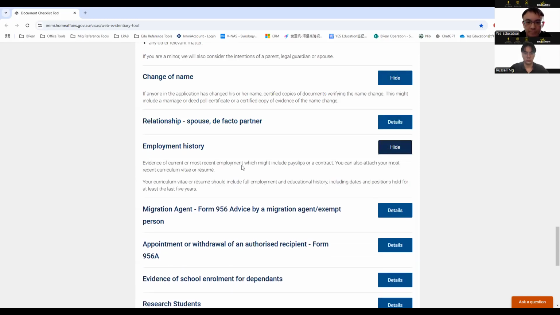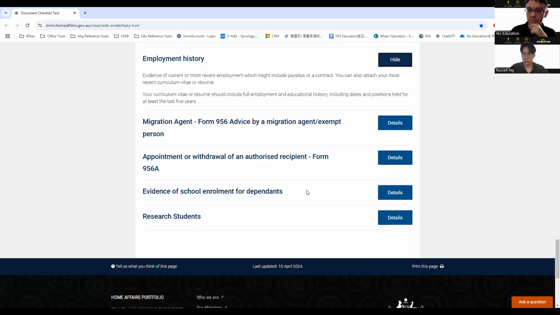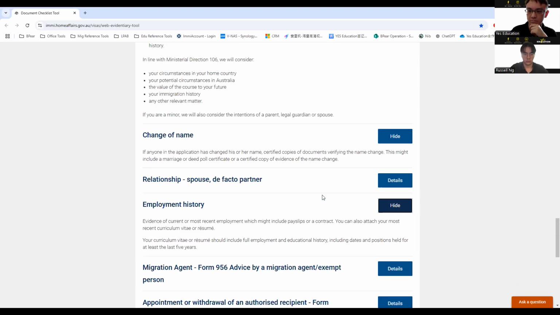And if you have employment experience, you need to provide employment evidence. Usually that's an employment contract or statement of service, plus some kind of payment evidence that you're getting a salary from that entity. And then these are minor evidence that we won't usually need.